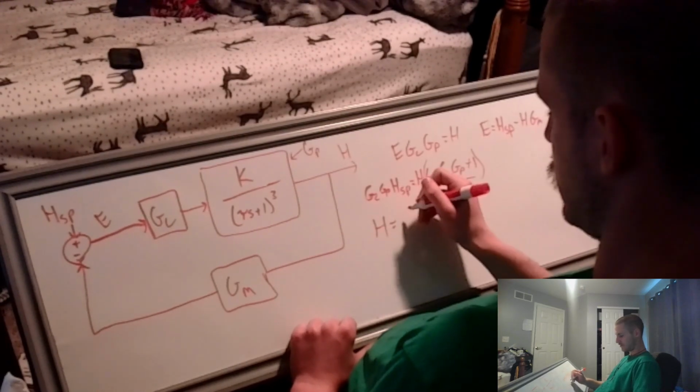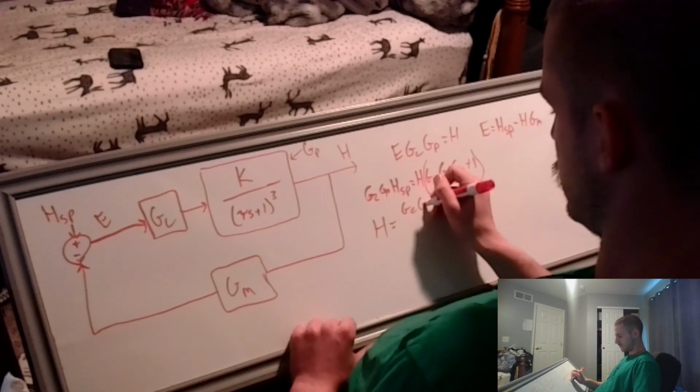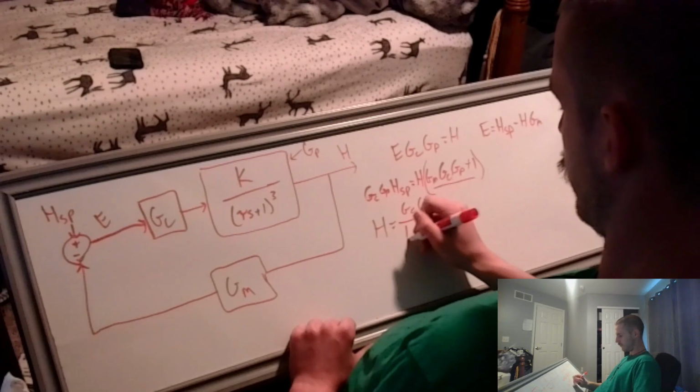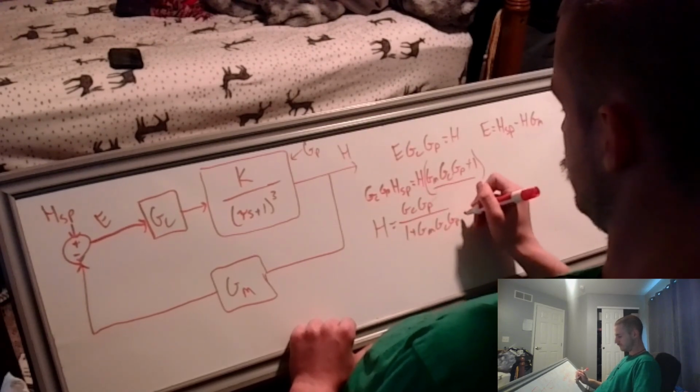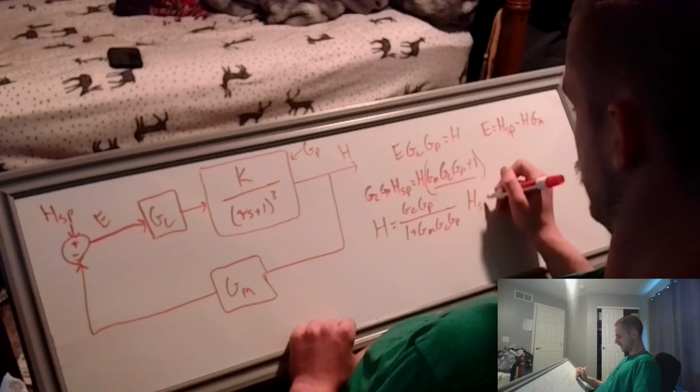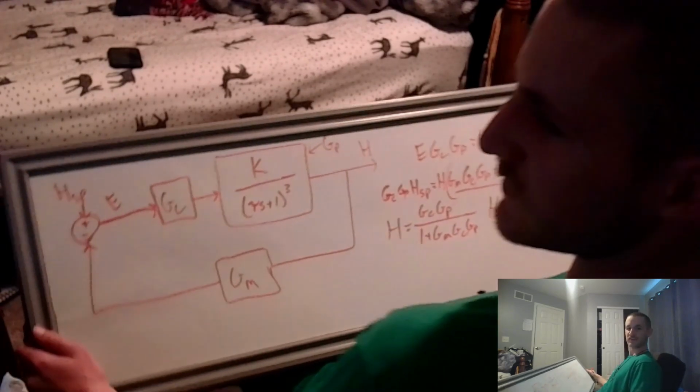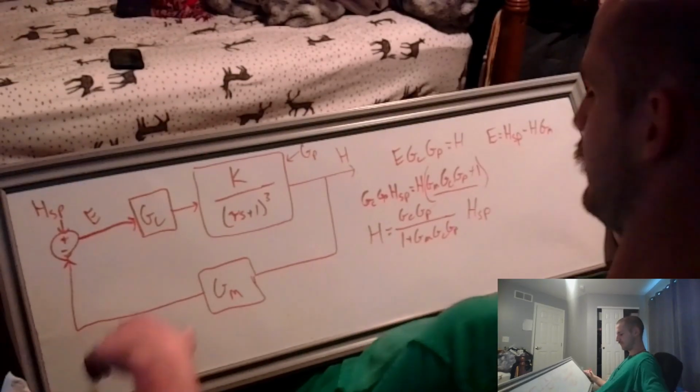So we have H equals GC GP over 1 plus GM GC GP times the Laplace transform of our height set point.